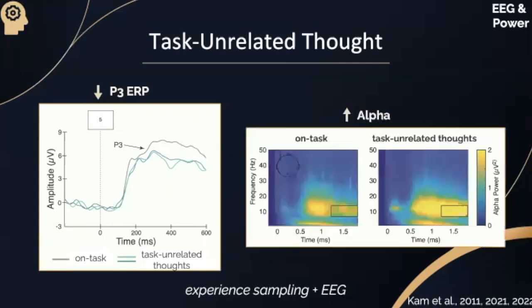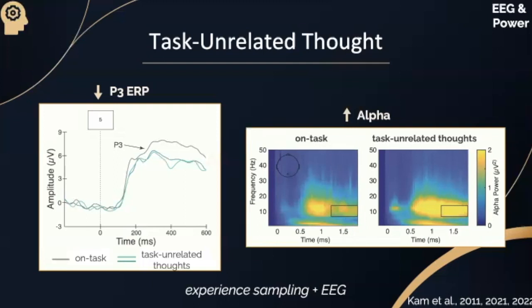Another reliable measure is increased alpha activity. And this is particularly the case when the task-unrelated thought, or just thoughts in general, are internally oriented. This is shown by this yellow blob here in the alpha range around 8 to 14 Hertz during task-unrelated thought that is greater compared to the alpha activity shown here during on-task thoughts.